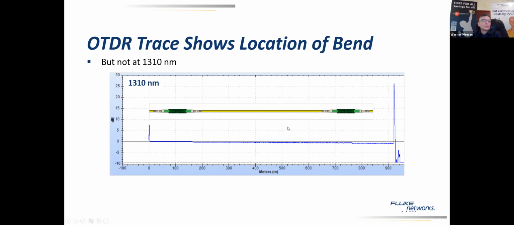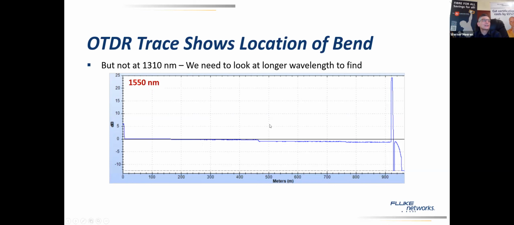So is there now a bend in the fiber somewhere? There is maybe a loss in the middle, but how to detect that? You have to look at a longer wavelength to detect that bend. So here, if you look at the 1550, now you see that bend on the OTDR trace. Again, you have to look at another wavelength to see that bend in the fiber.